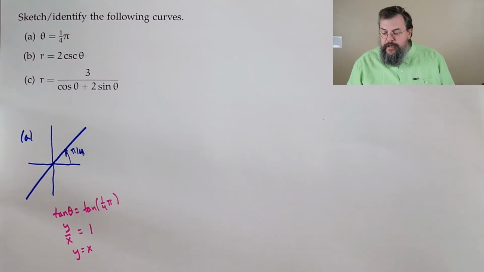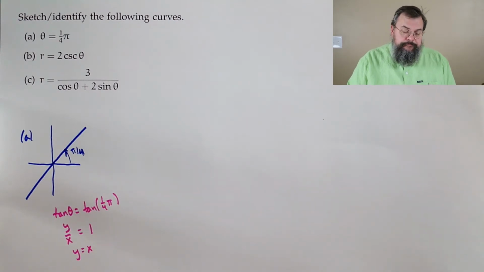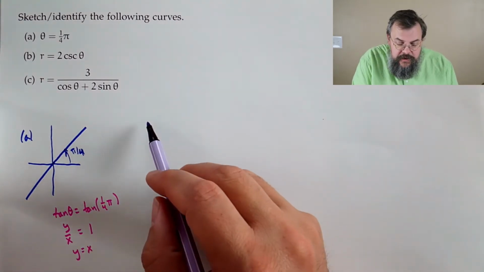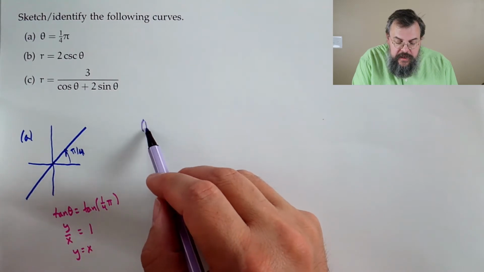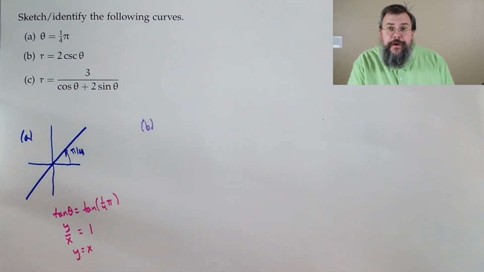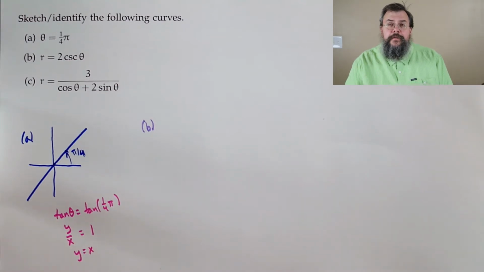All right, part B. r equals 2 cosecant theta. Now, cosecant is a curve we don't see very often, so it's not so clear what it looks like. At least we don't know it off the top of our heads, many of us.